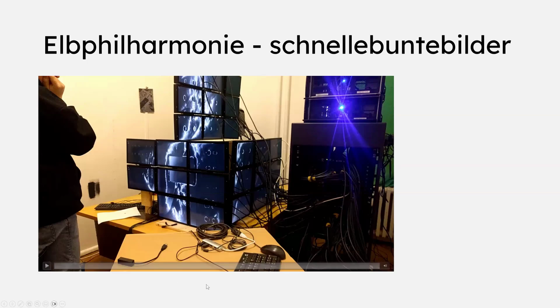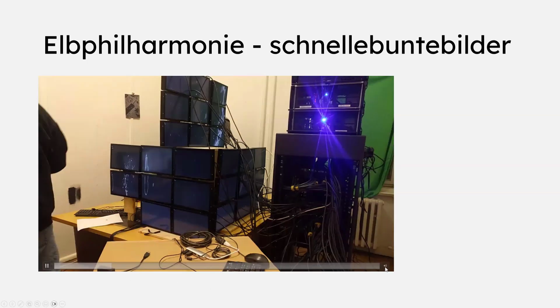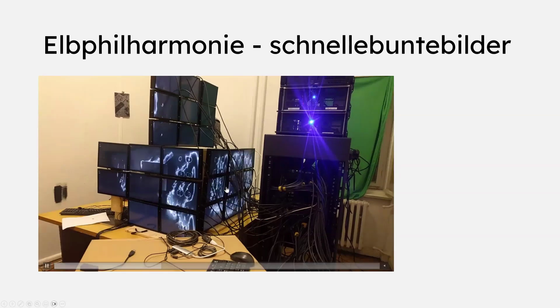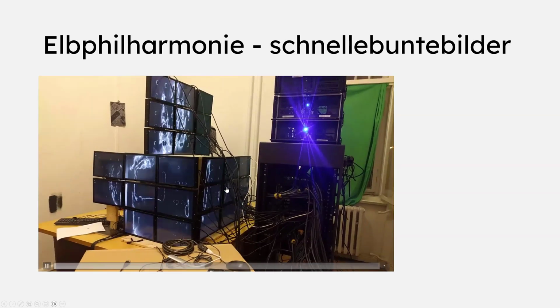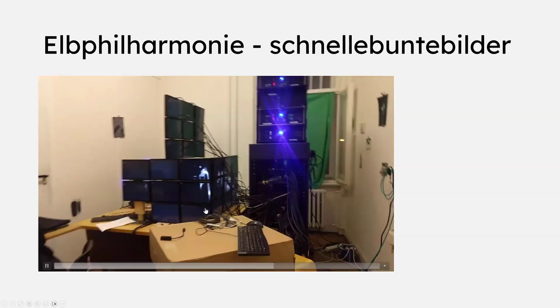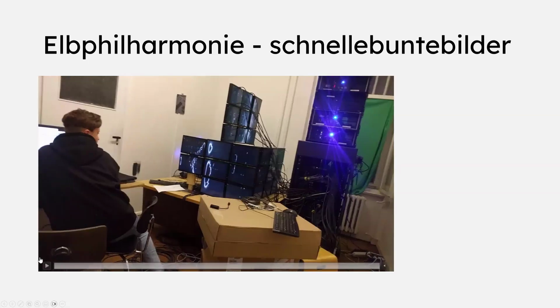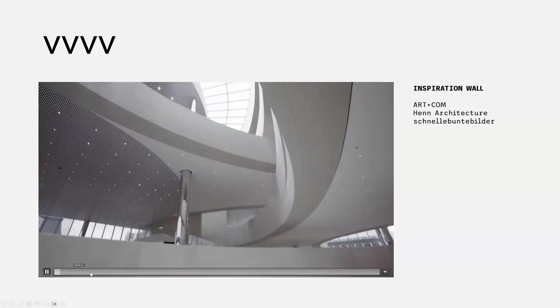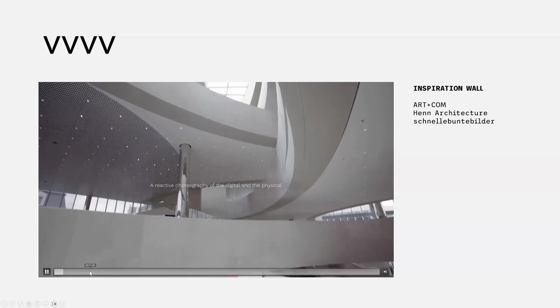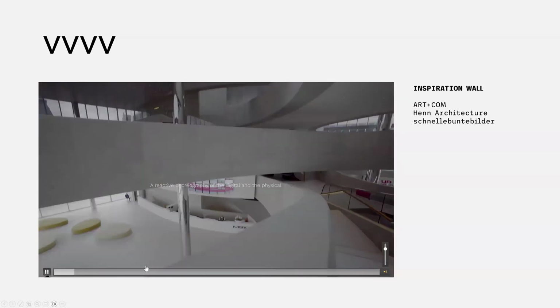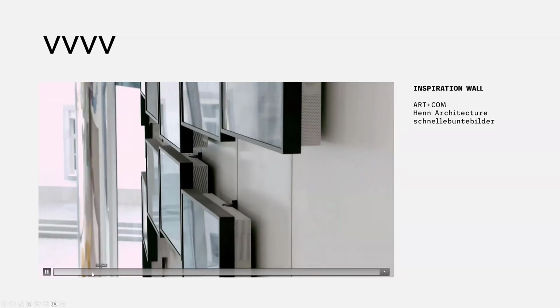Here you see some behind the scenes where they tested, I think it was 28 beamers that were used for this project. Here you can see the test setup, quite a nice situation with all this hardware. There are a lot of other nice projects where you see this is enhanced architecture, or the digitalization of architecture.